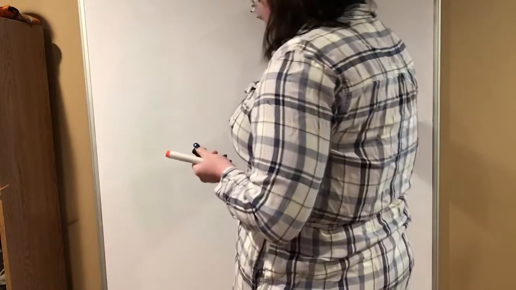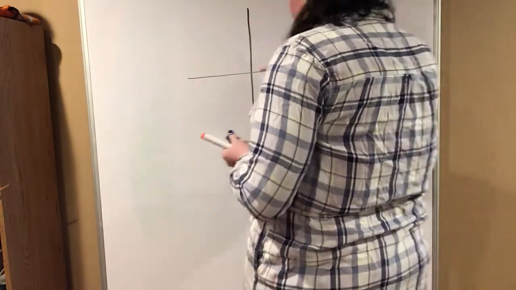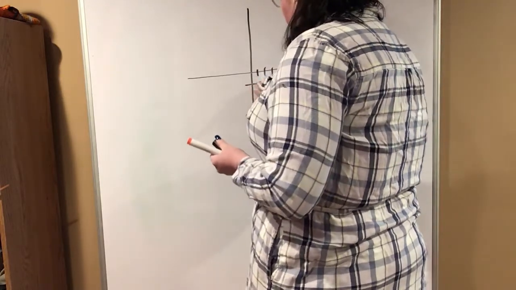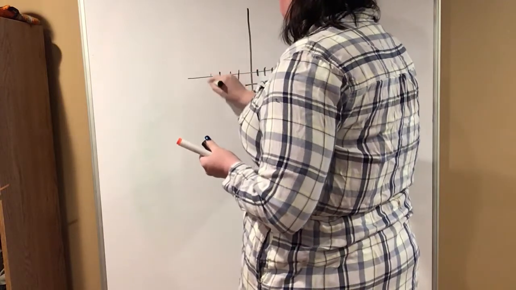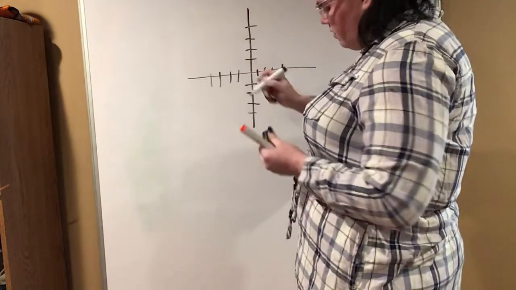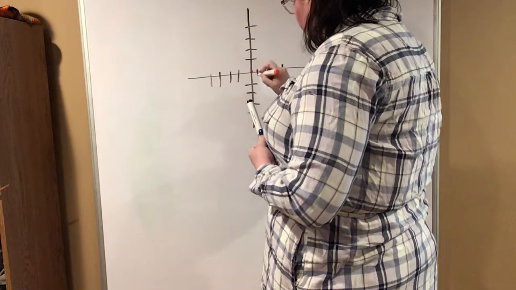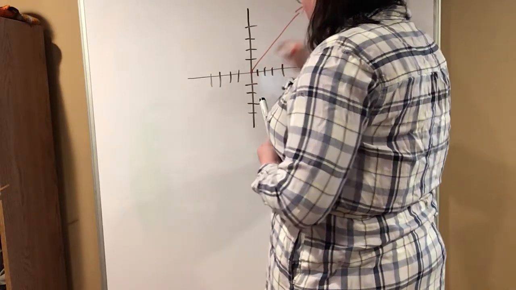Alright, so this is going to be a little more difficult because you're not going to be able to really see, because sometimes you're given a line. This is hard when you're given. So if I'm given this line, start here, and just go like this.